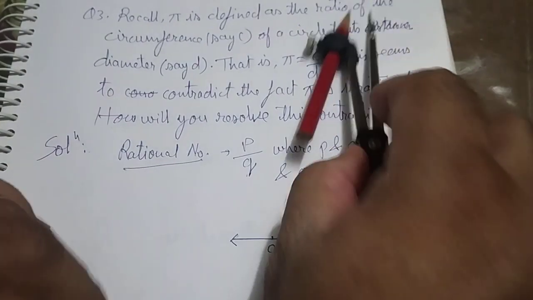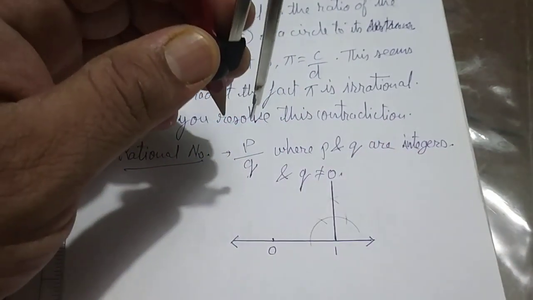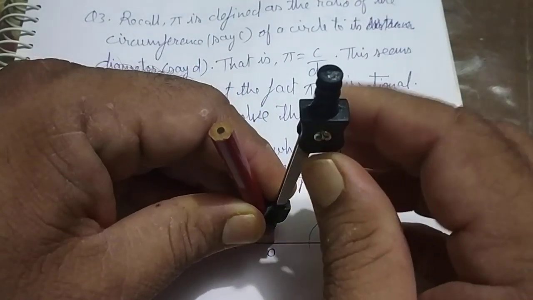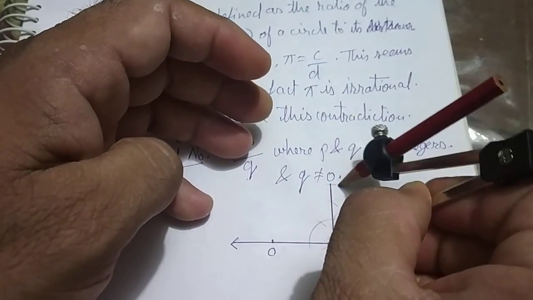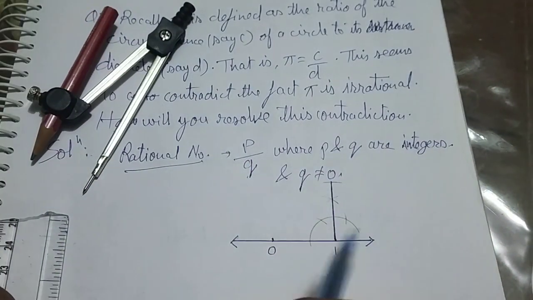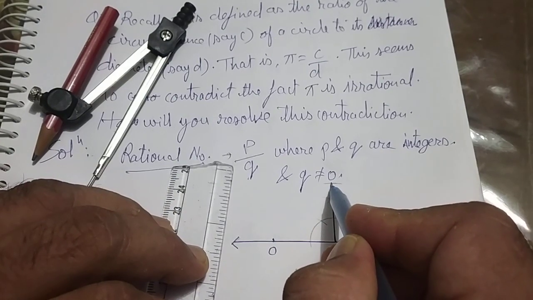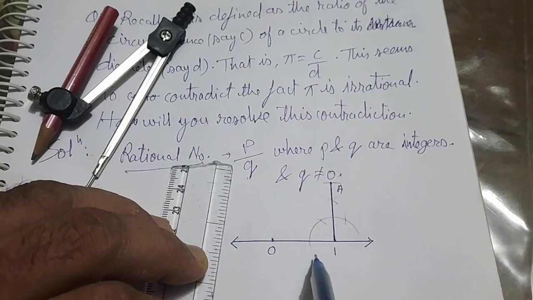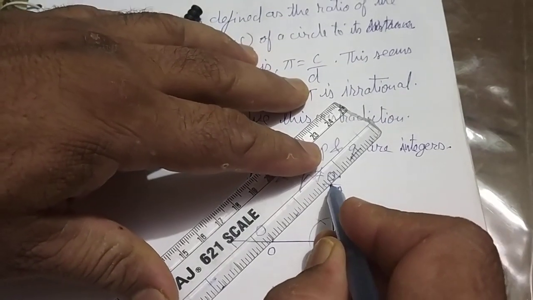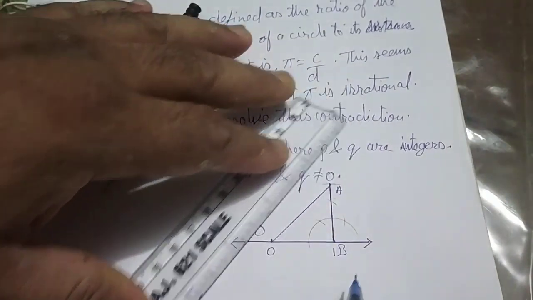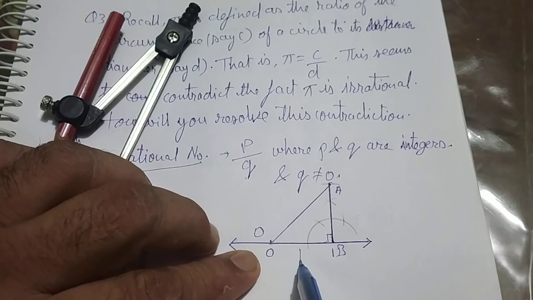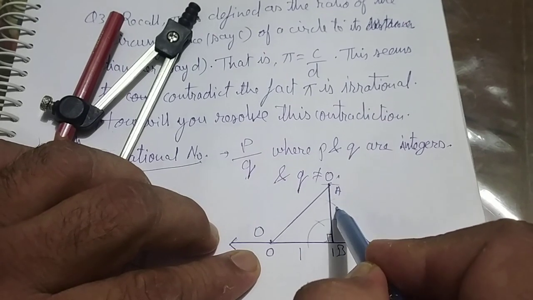Now let me cut 1 unit on this vertical line. This is 1 unit. Let this point be A, this be B, and this is O. If I join OA, I have got a right triangle. Now this base is 1 unit, this AB is 1 unit.